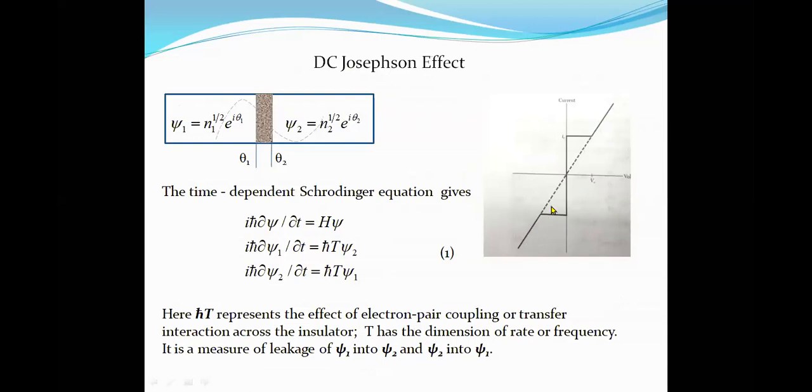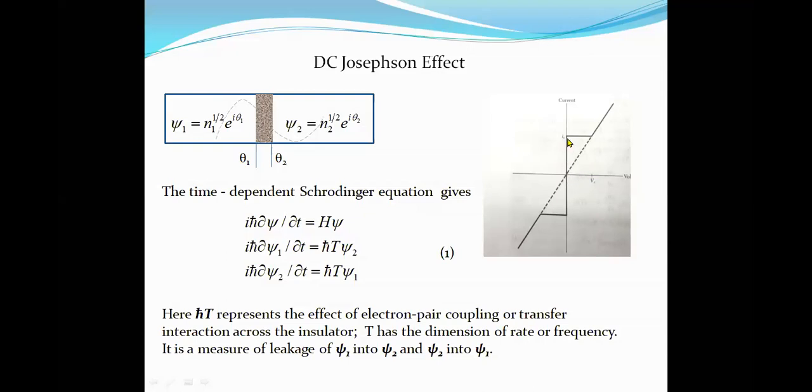Now here you can see in this diagram, if it was just an ohmic system, where V is proportional to I, with V on the x-axis and I plotted on the y-axis, this would come as a straight line. But here you see that Vc is some critical value where it is no more superconducting. Up to this critical value, there is a current flow, though you have not applied any voltage.